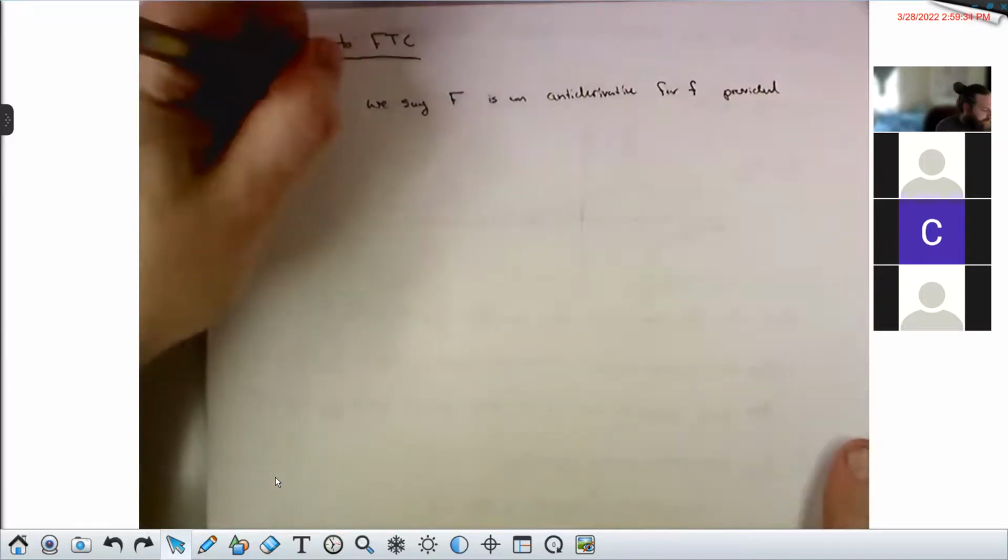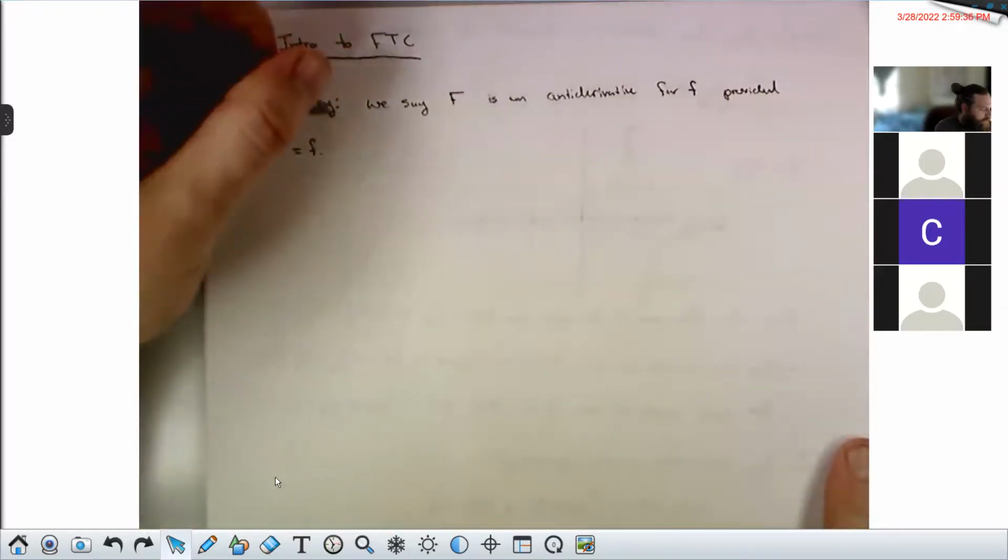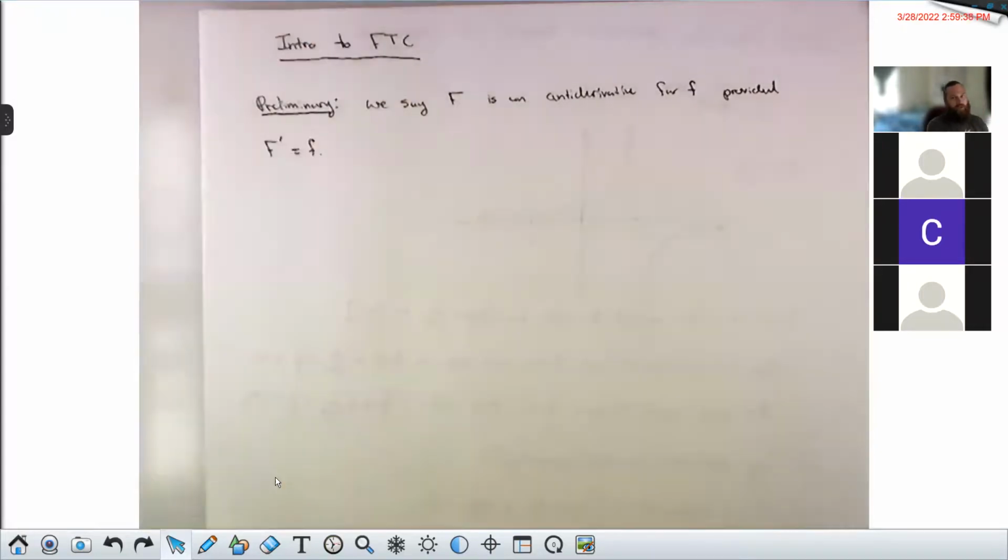I mentioned this last time, and later in the week, we are going to have a whole section dedicated to finding antiderivatives, and a good chunk of the course from here on out is going to be about calculating antiderivatives. I just want to remind you this definition.